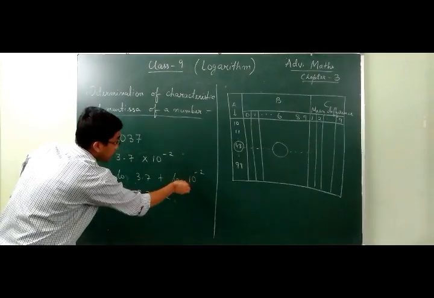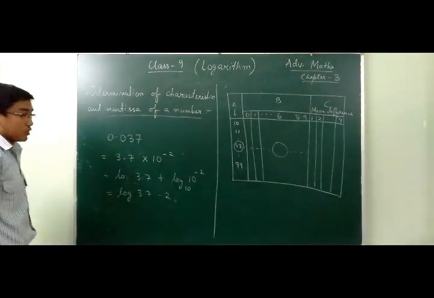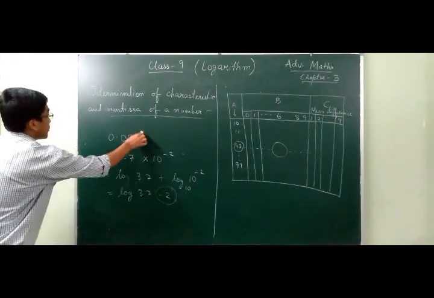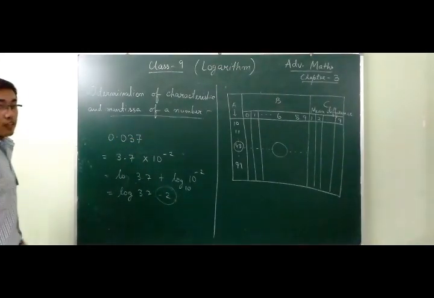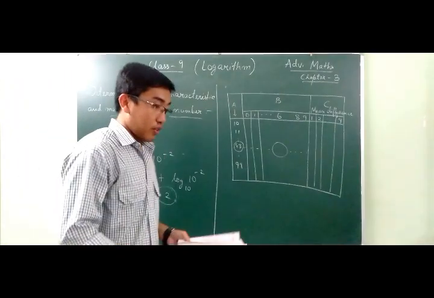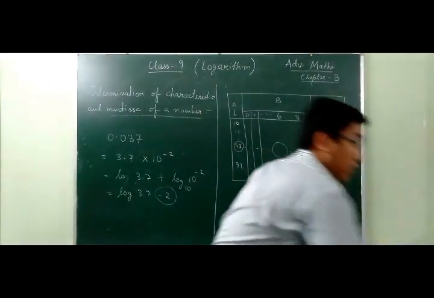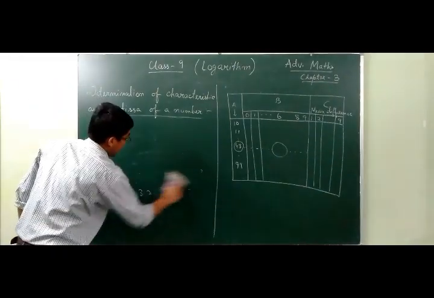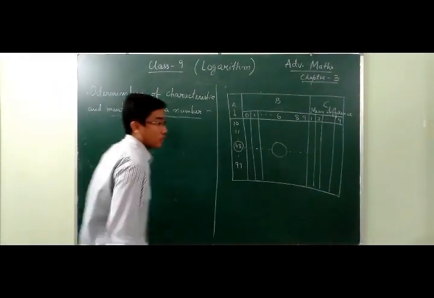Log 10 base 10 will be 1, so this is minus 2. This minus 2 will be our characteristic of this number. So from here we can generalize one concept.